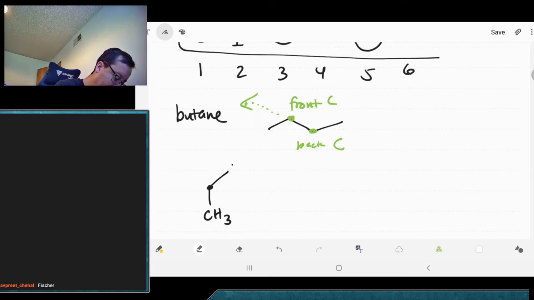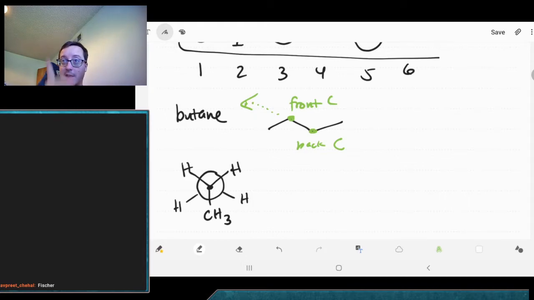We have hydrogens sticking out. And in our back carbon, we now have a methyl group pointing up. So, now we can rotate things around.